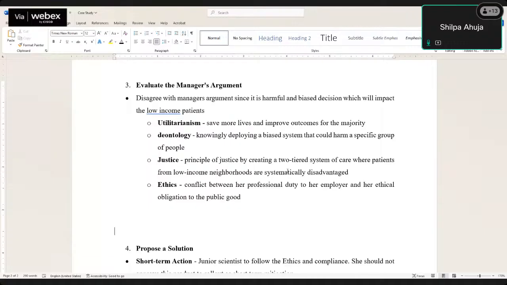Then, in terms of professional ethics, the junior data scientist is facing an inherent conflict between the professional duty to her employer and the ethical obligation for the public good.